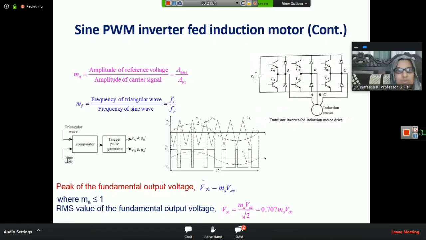Here this is our control wave, or we can call it the reference wave. Here we can see that where the magnitude of the control wave or reference wave is more than the triangular wave, we get the pulse plus VDC.